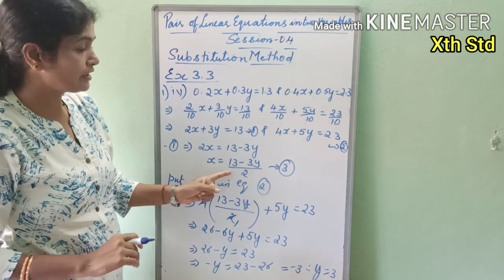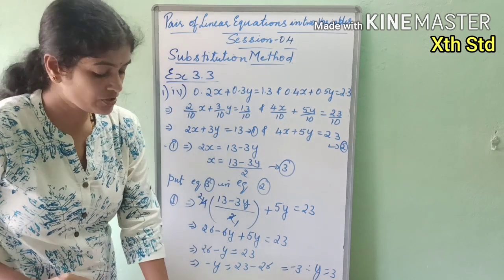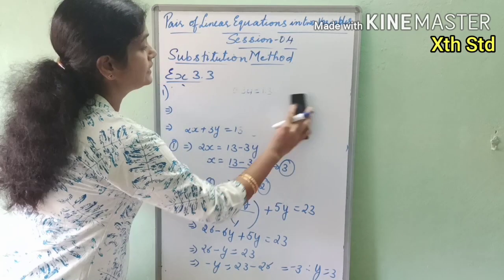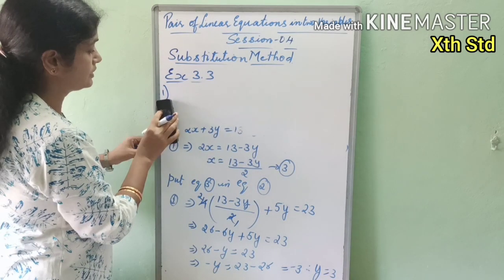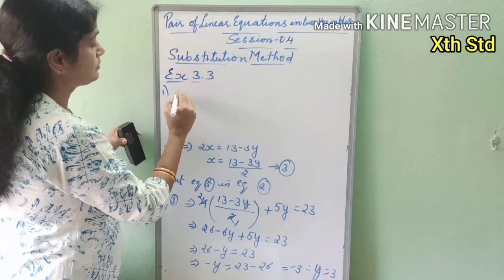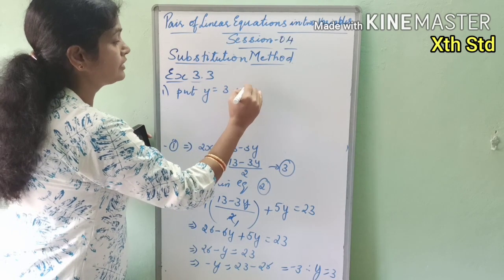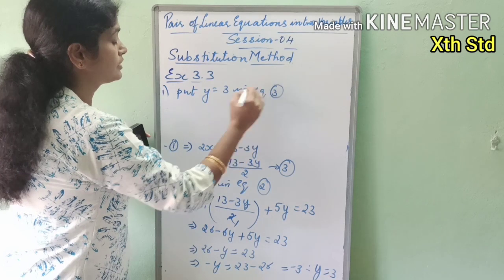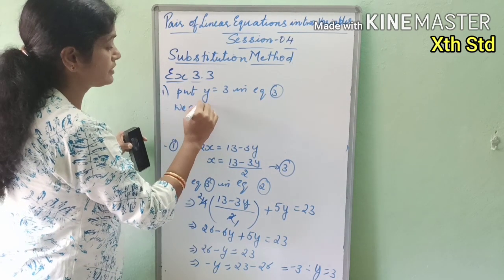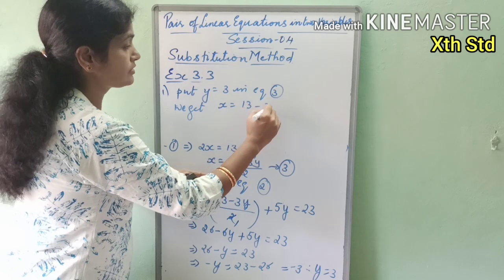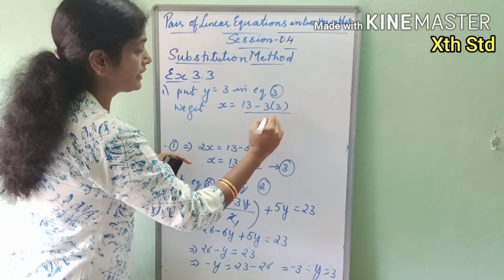Now put y equal to 3 in equation 3. What do we get? We get x is equal to (13 minus 3 into 3) by 2.